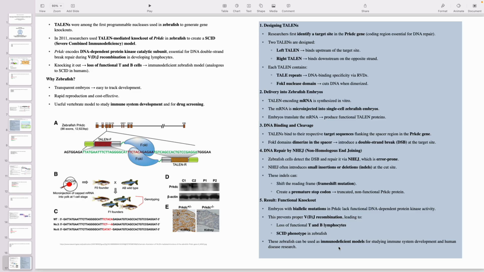This is how they created a zebrafish model to study immune system development related to humans.